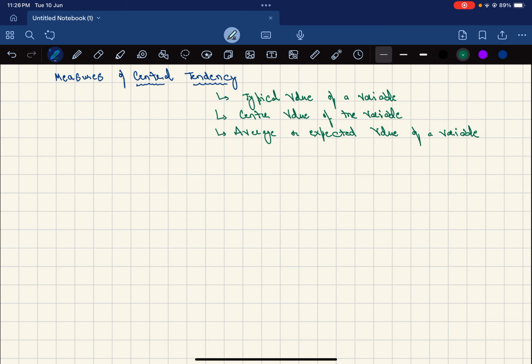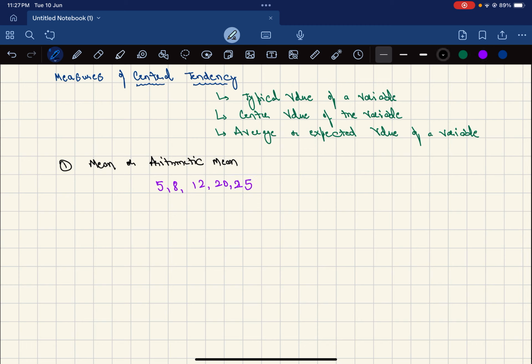Now we'll be looking at many ways in which the central tendency of a particular set of values can be computed. The first one we will look at is called the mean, or arithmetic mean. This is a very common measure of central tendency, and all of us already know how to calculate it. Just a simple example: let us say we have a set of 5 values here: 5, 8, 12, 20 and 25.